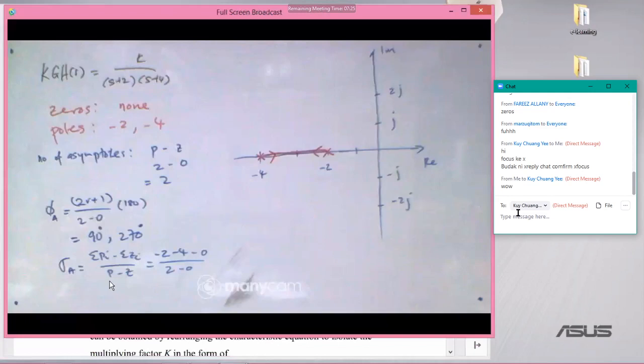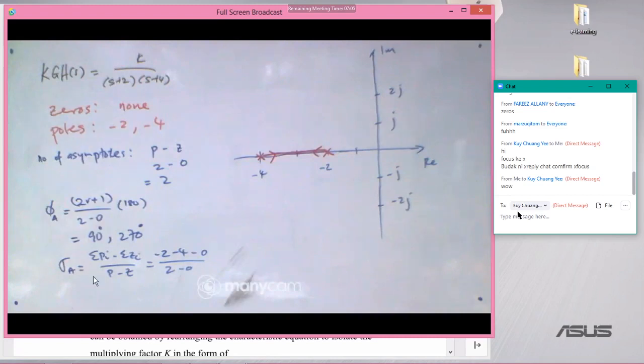So we can use that formula. Pi is the value of the individual poles, so -2, -4. We don't have any zeros, so minus nothing there, and the number of poles minus the number of zeros, so we have no zeros.